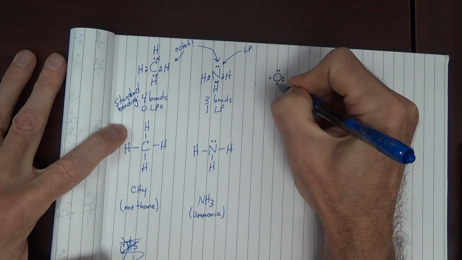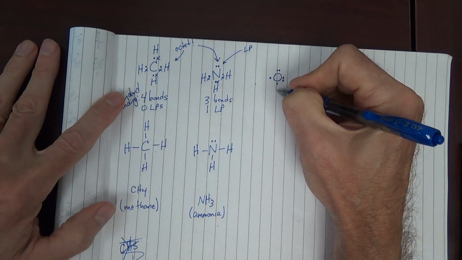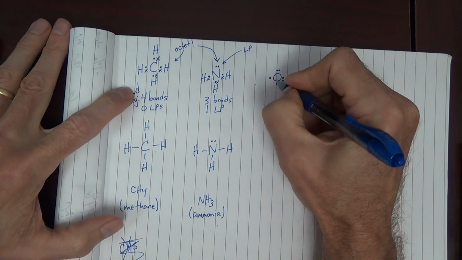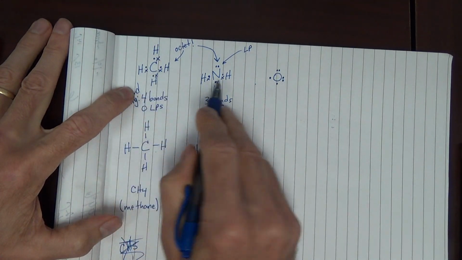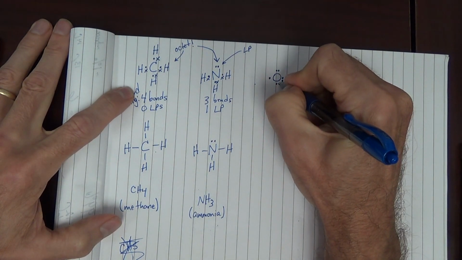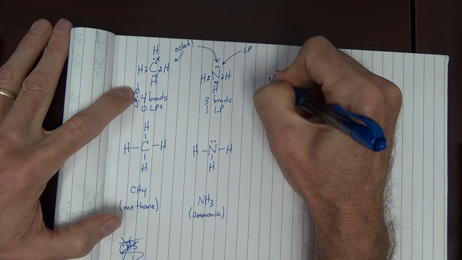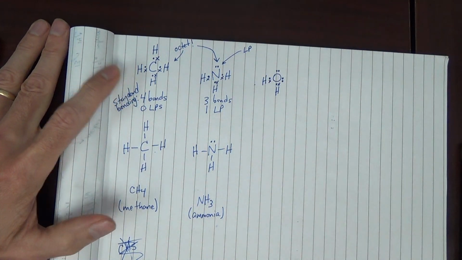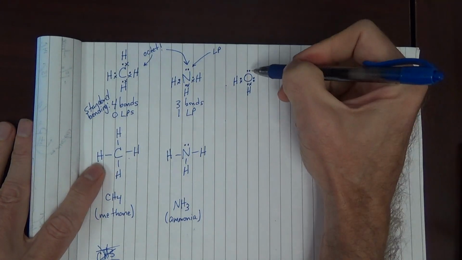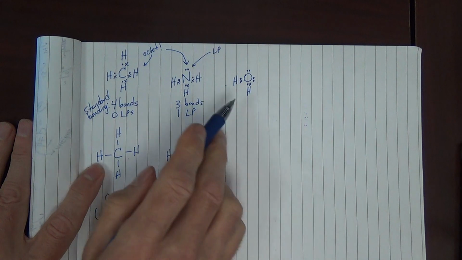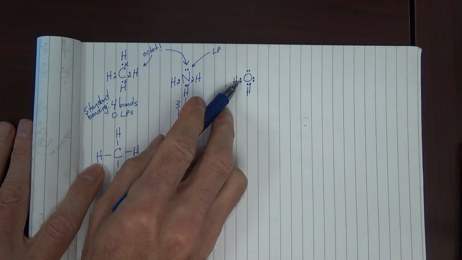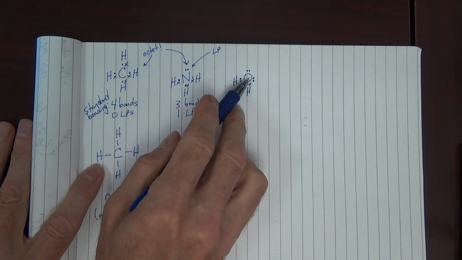And we can come in with an H. By the way, we could come in with a carbon or any other atom. I'm using H's because the H only has 1 electron and we don't have to deal with anything else around the H. Come in with the H and its 1 electron. Come in with another H and its 1 electron. And there we go. Now the oxygen has an octet. 2, 4, 6, 8. Each hydrogen has a duet. The H has 2, because remember, we get to count these 2 electrons towards the H, but we also get to count them for the oxygen.